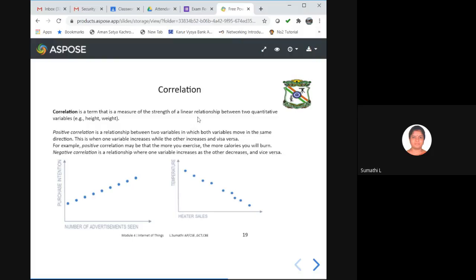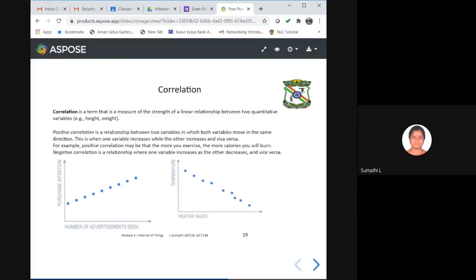What is this linear relationship? Okay, before I get into that, I will ask you one question. Let me take the room temperature and the temperature of my AC.